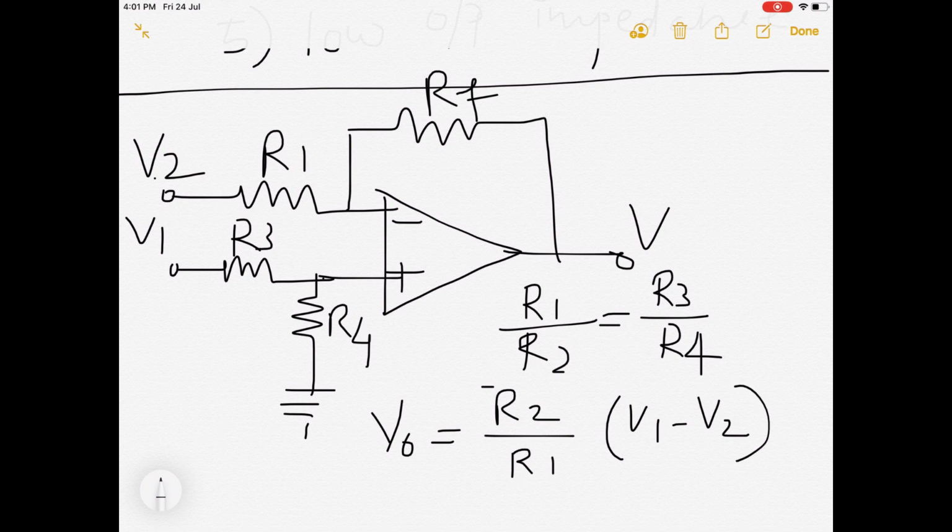Okay. So, this is the basic difference amplifier, which amplifies the difference between two inputs with this gain R2 by R1.